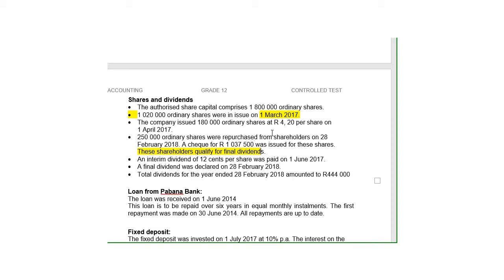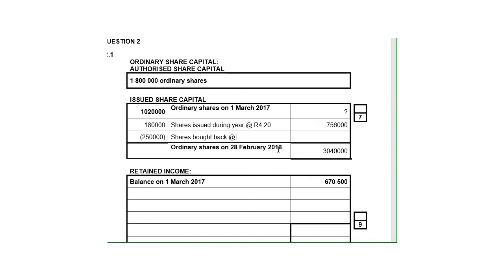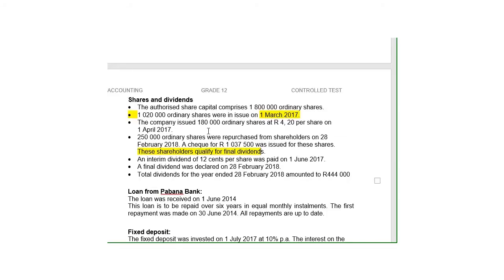The average goes to ordinary share capital, and whatever is more than the average will go to retained income. So there's no mention of what the average share value is or what the amount is that I paid for the ordinary share capital account. So I cannot put that in yet. Another question mark.